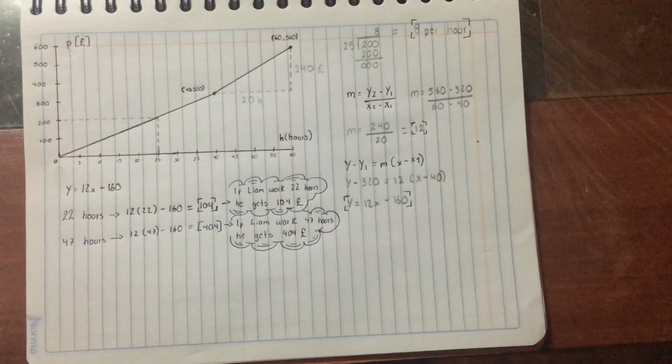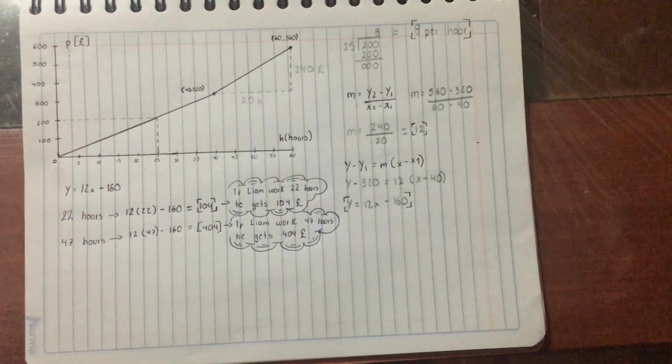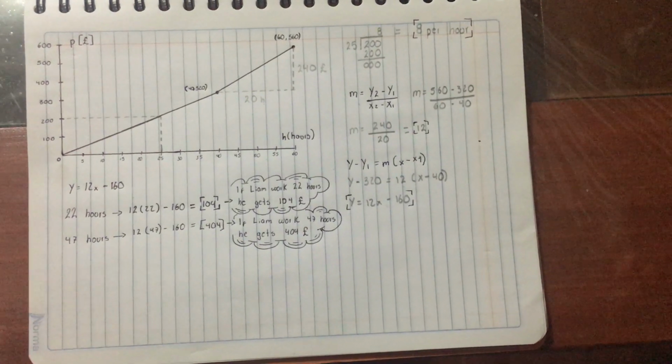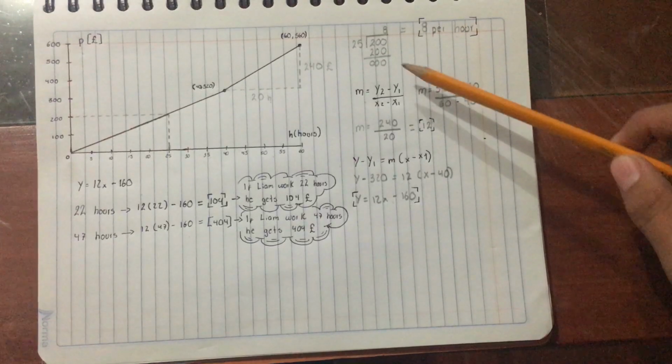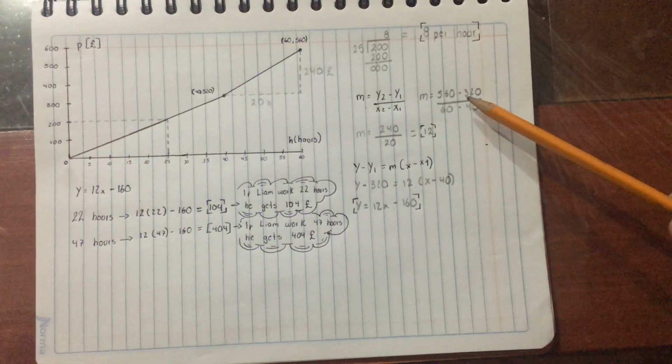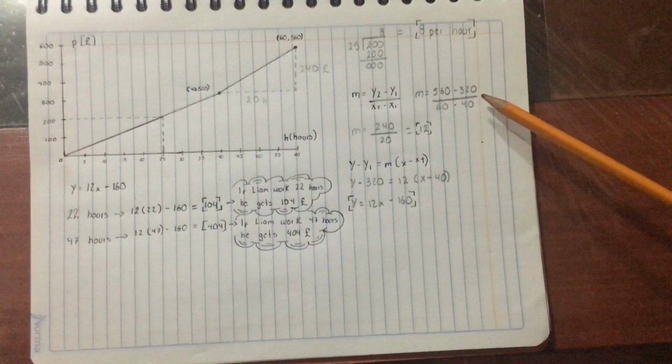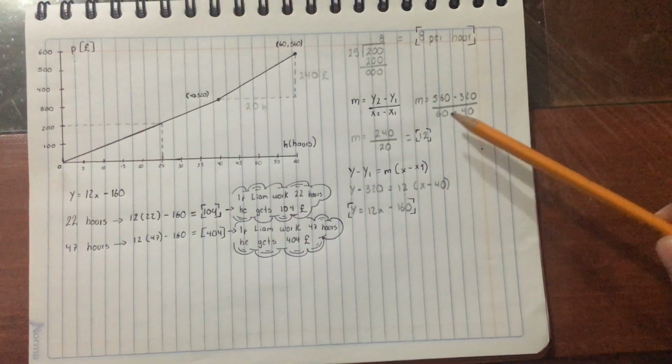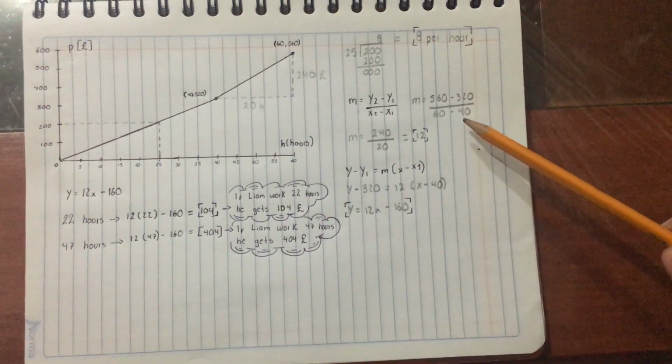This is what we use in the resolution, and we substitute: m is equal to 560 minus 320 divided by 60 minus 40.